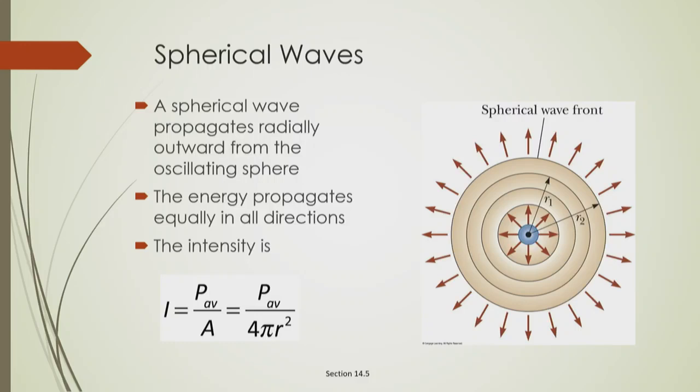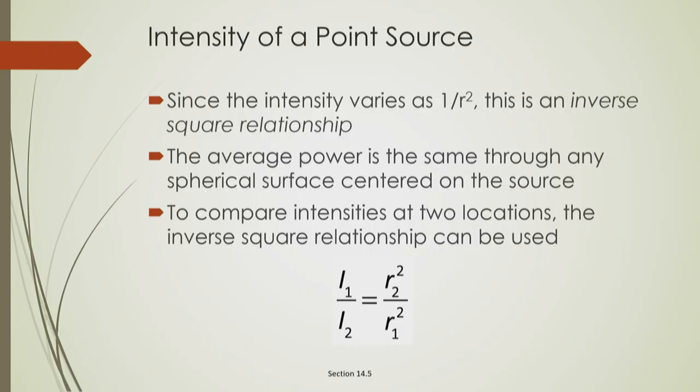So as I move away, it's going to fall off as 1 over r squared. And so you can do that relationship there. What's my intensity as I go back and forth? This gets us right into the lab that you're doing.